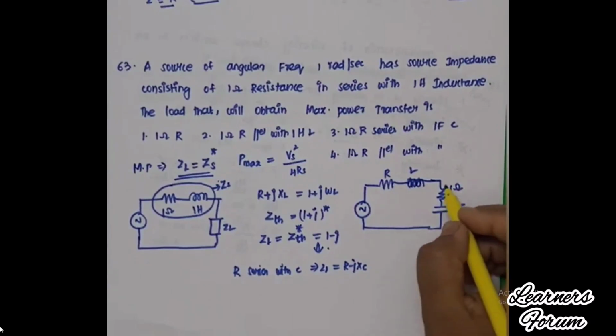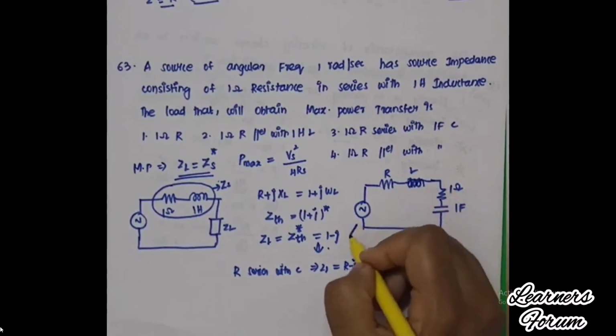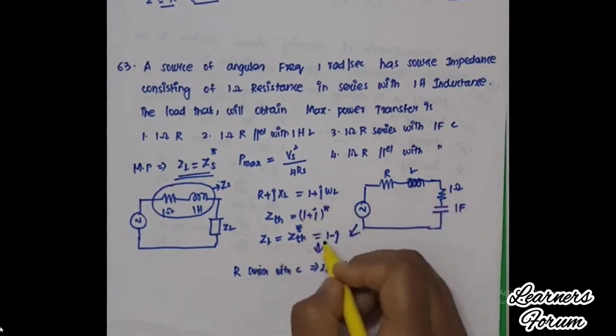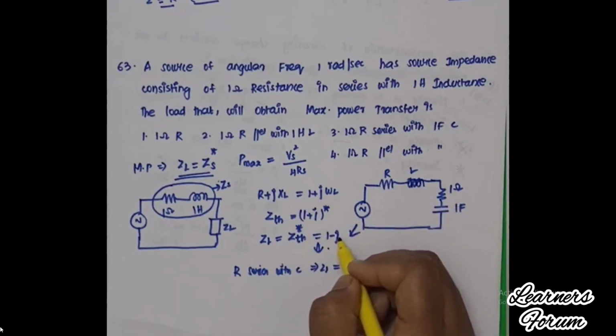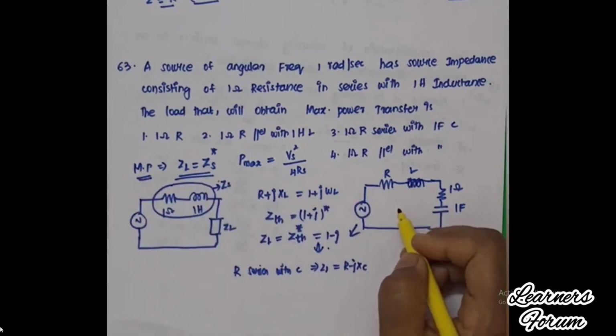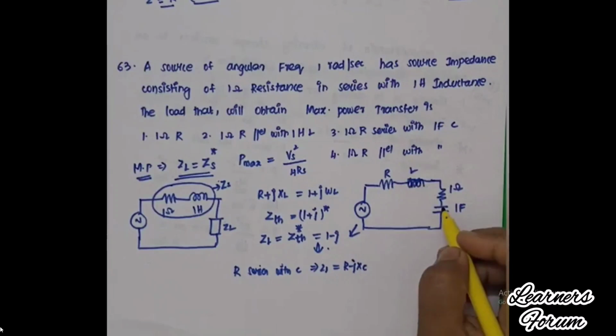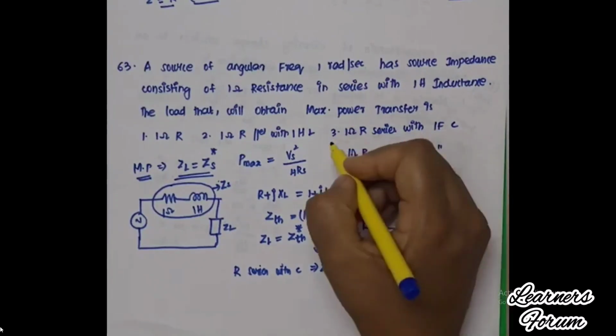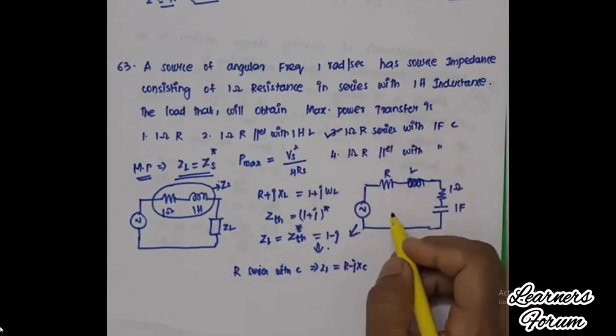So this connection will get the value of 1 minus j, and will make the maximum power get transferred to the circuit, which means connecting a 1 ohm resistor in series with a 1 farad capacitor is our option, which belongs to option 3, which is our correct answer.